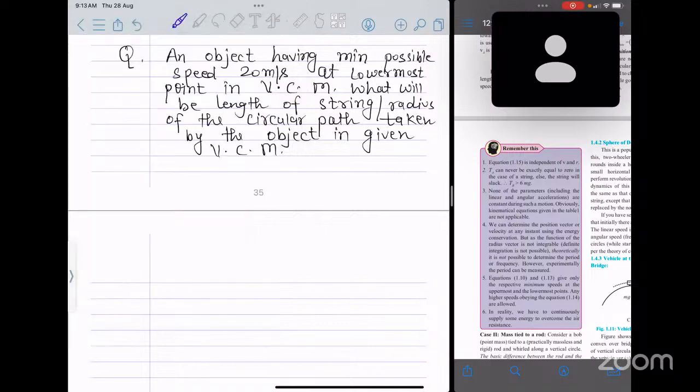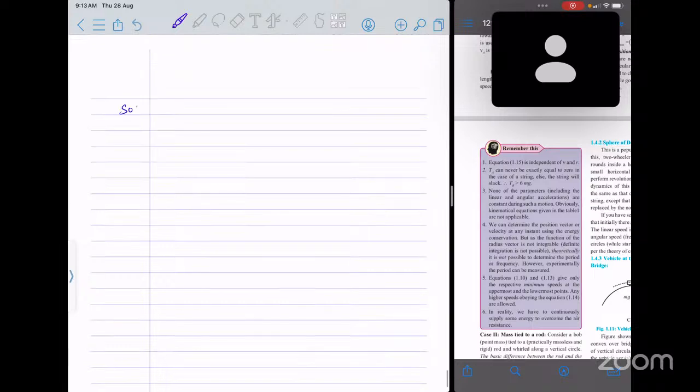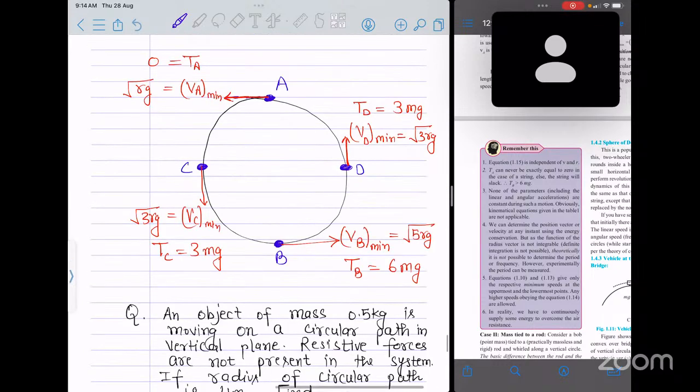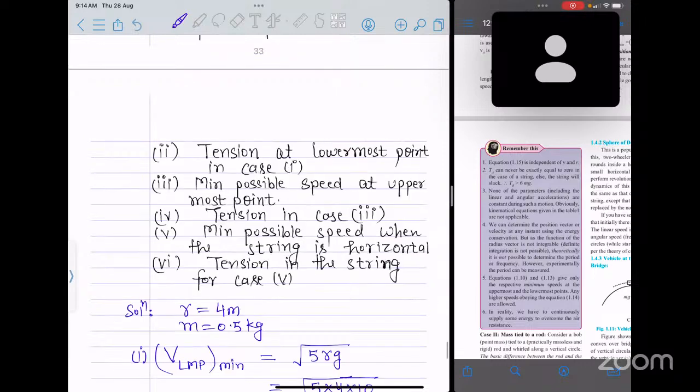So in this case, an object is having minimum possible speed 20 meter per second at lowermost point. We have to find out the length of string. V at lowermost point minimum is 20 meter per second. For the lowermost point, the minimum speed is given by the formula square root 5 rg.